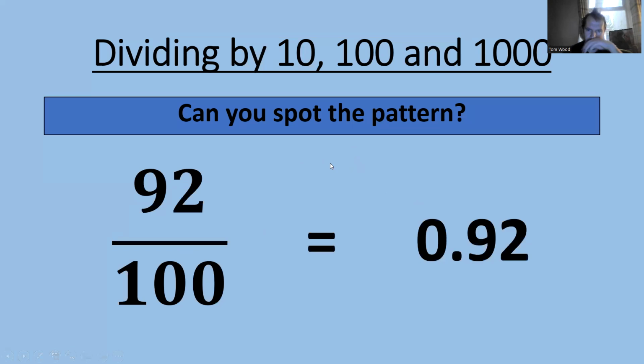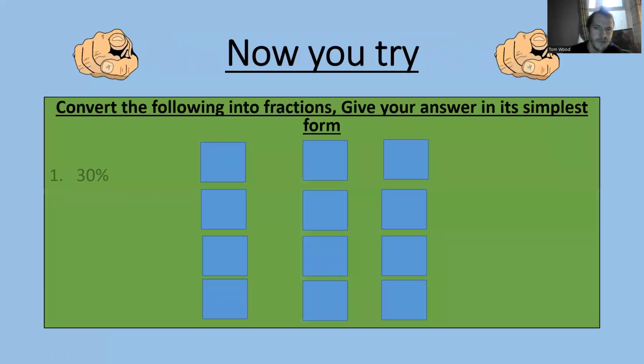Okay, let's have a look at some practice questions then. What I would like you to do is convert the following into fractions and give your answer in its simplest form. Now, the first two are going from a percentage to a fraction. So straight away, your first step, and it is a bit difficult because it's just having a bit of confidence, just write it as a fraction. You know now that 30% is 30 out of 100.